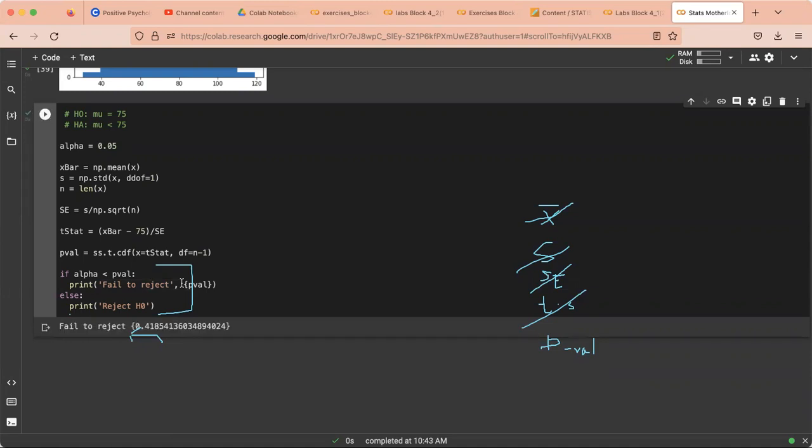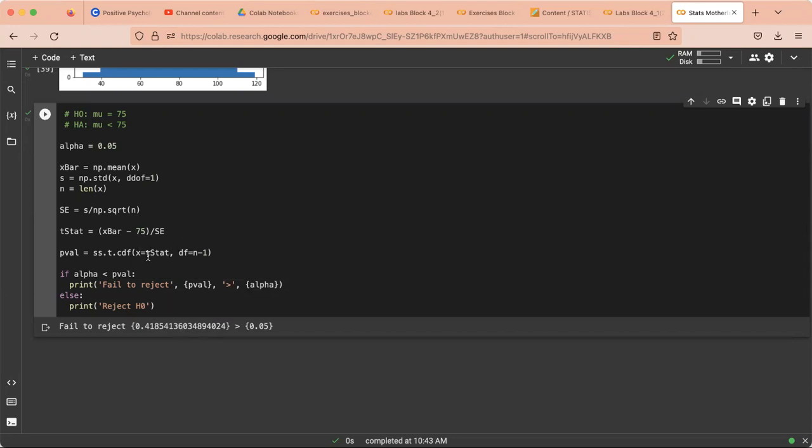Your p-val is greater than your alpha. You can see that 0.4185 is greater than your alpha value.